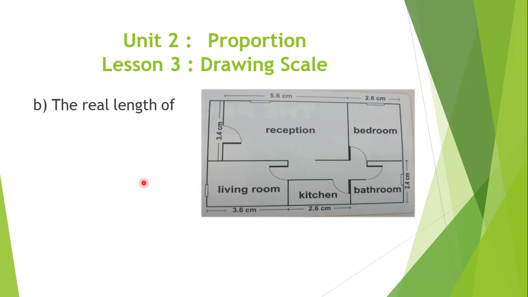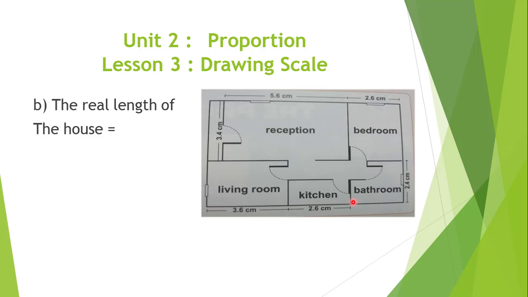What about the area of the house? We should calculate the real length and width of this department. Then we can calculate the area. Okay, the real length of the house, look at here, from here it's very easy, 3.6 plus 2.6 plus 2.6.